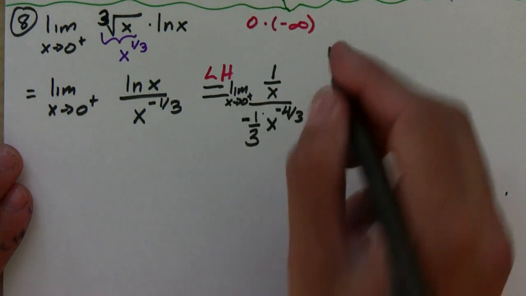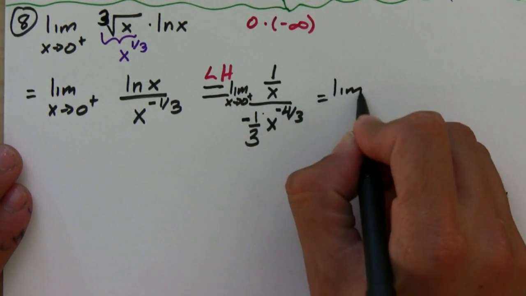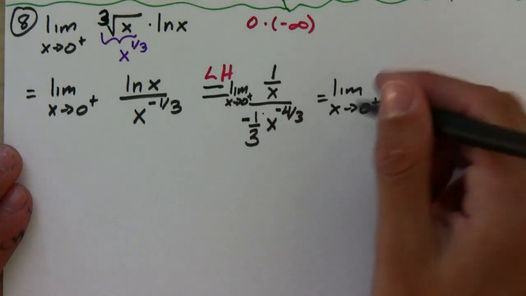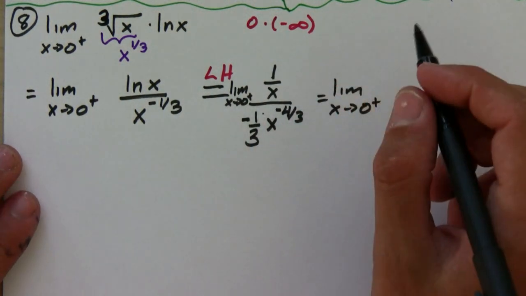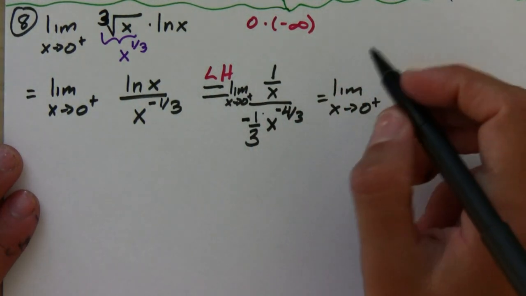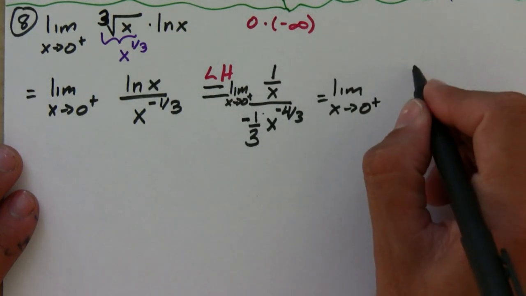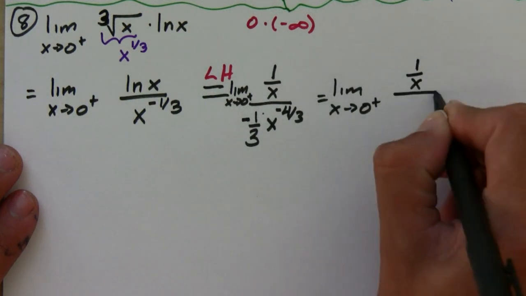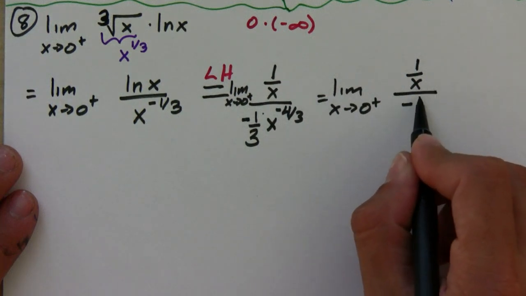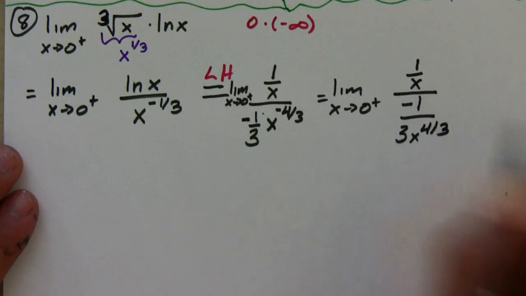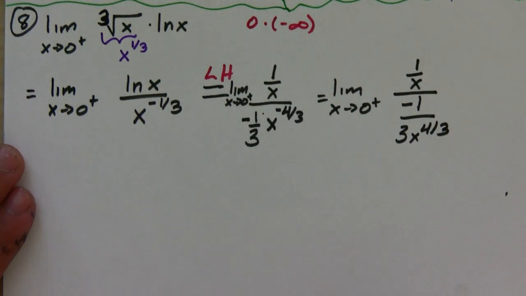Sorry about that. Okay, and then if I simplify this, you get the limit as x approaches 0 from the right. Let me rewrite it as negative 1 over 3x to the 4/3, just to do one extra step for fun.